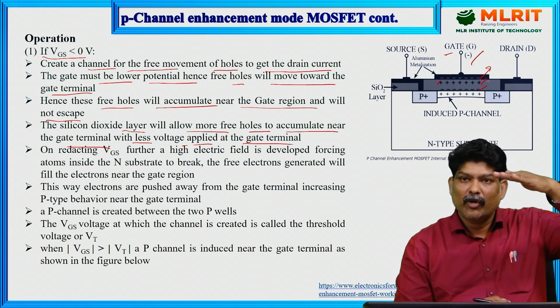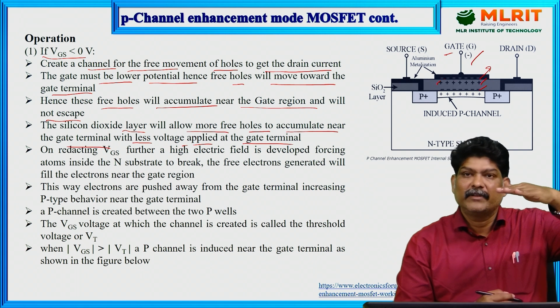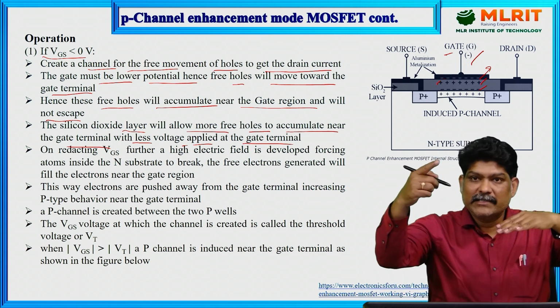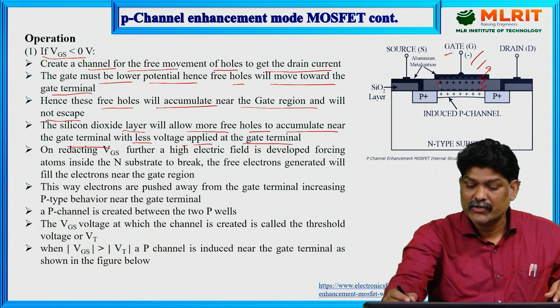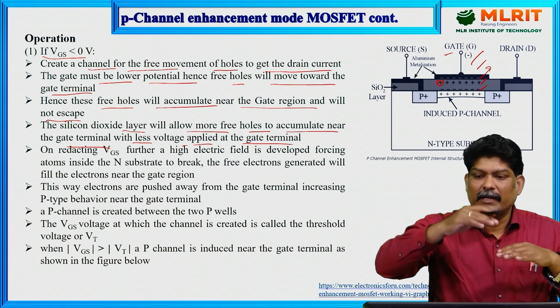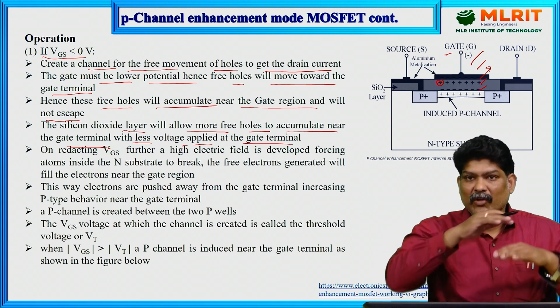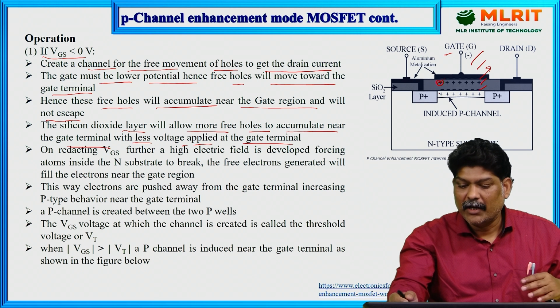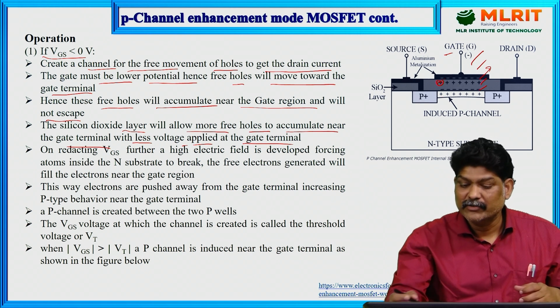Since the gate is negative, positive charge particles accumulate on the top layer of the SiO2, and the lower edge of the SiO2 layer is negative.